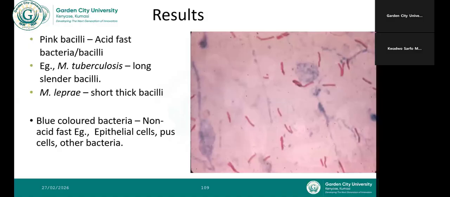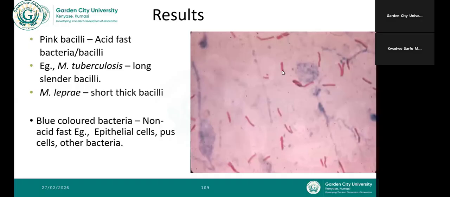Okay, so I asked about seeing pink bacilli. If you see pink bacilli, what comes into mind? What will come into mind will depend on the type of staining. If it's gram staining, pink is gram negative. But if it's acid fast staining, the mycobacteria are going to be pink.